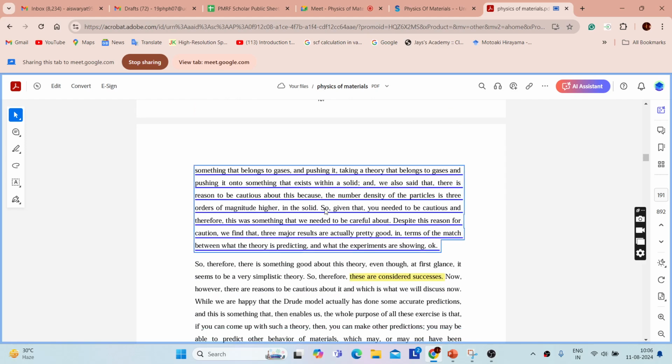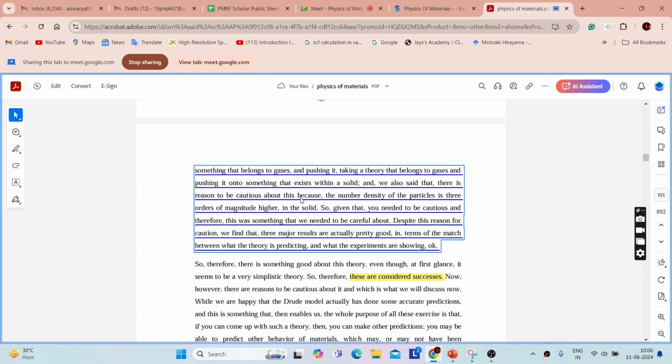We started from kinetic theory, made some changes, and made a theory for solids. There is a reason to be cautious about this, because the number density of particles is three orders of magnitude higher in solids.